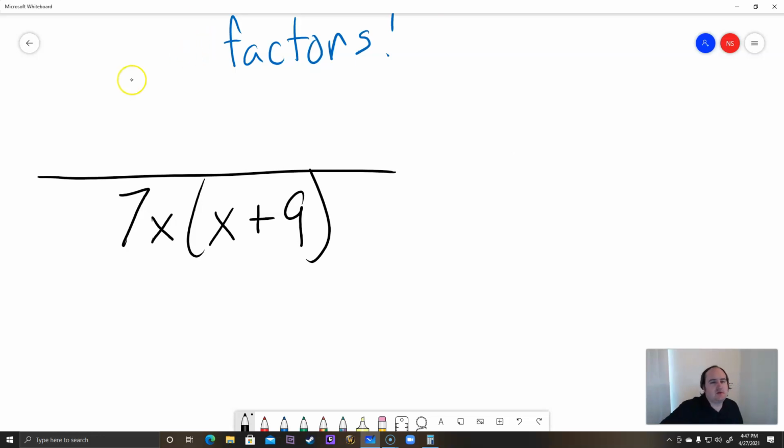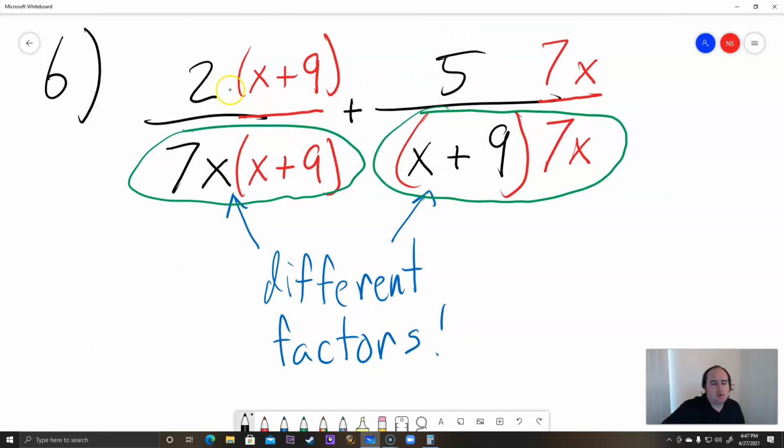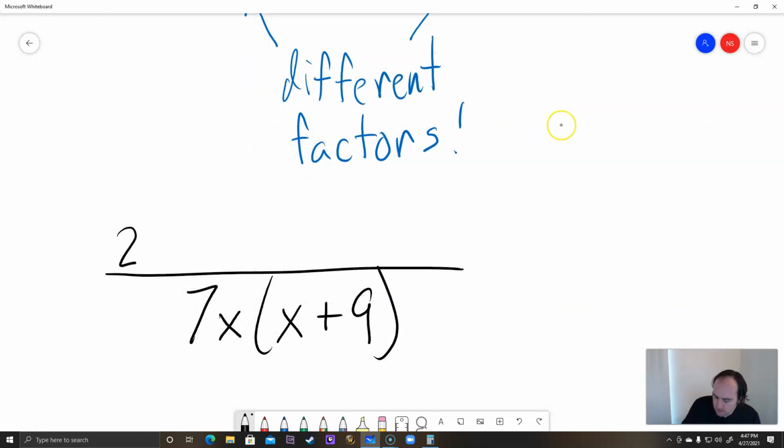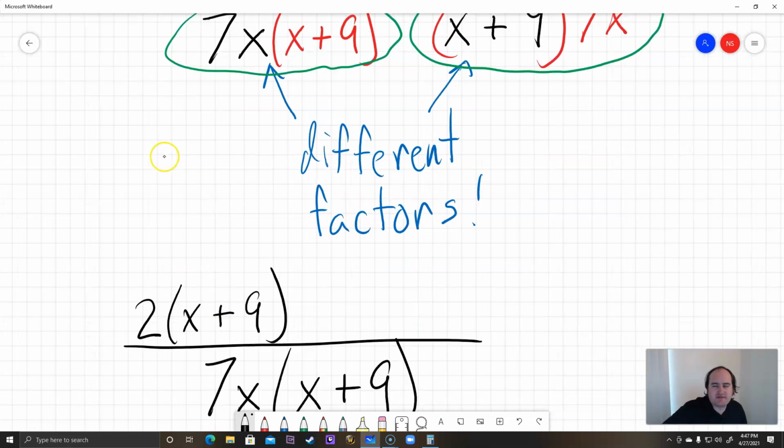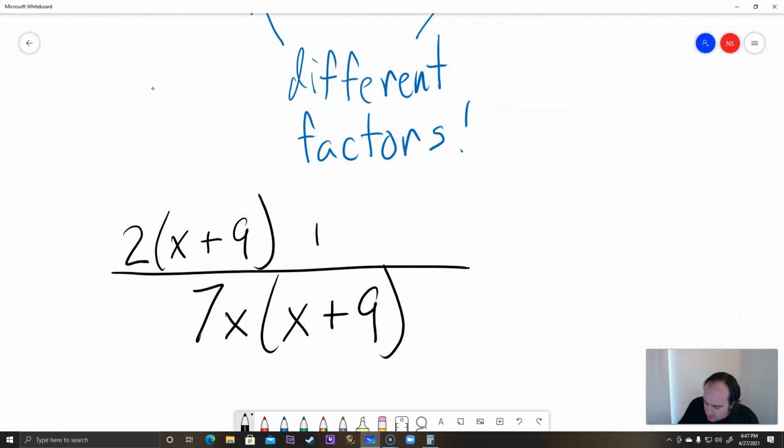All right, and then in the numerators, we have 2 times x plus 9 plus 5 times 7x.